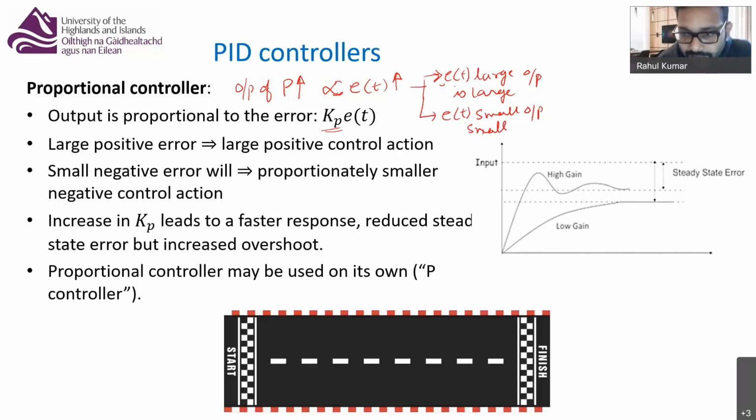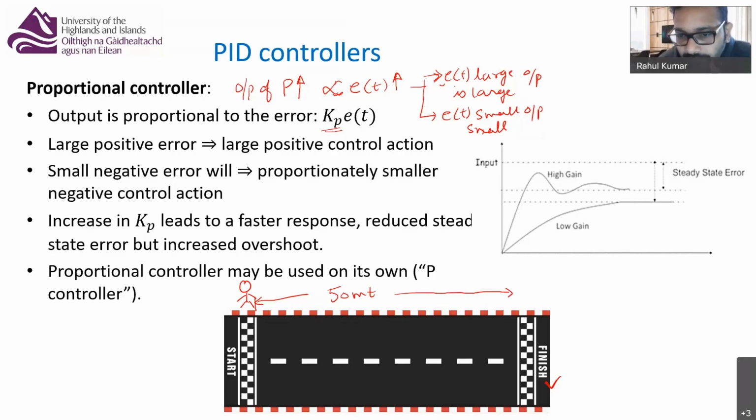Now let's take an example. Let's say a person is standing at the start point, and he or she has to walk all the way up to the finish line. The distance between the start point and the finish point is 50 meters.